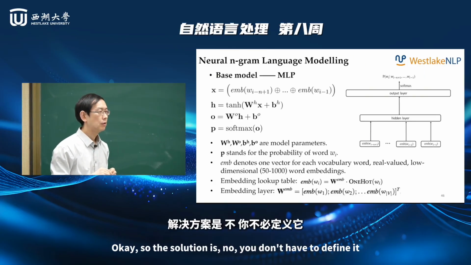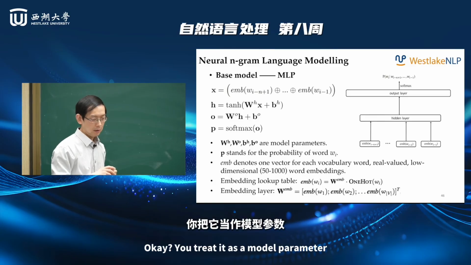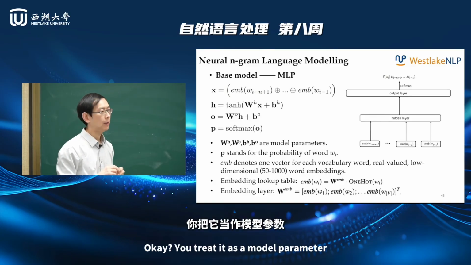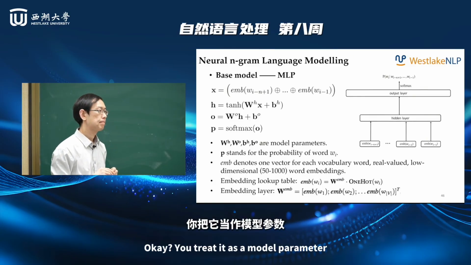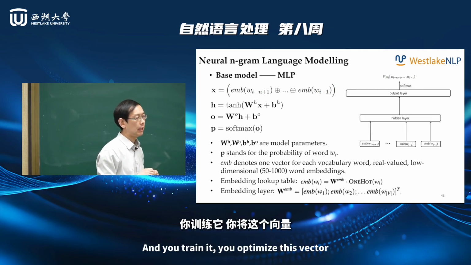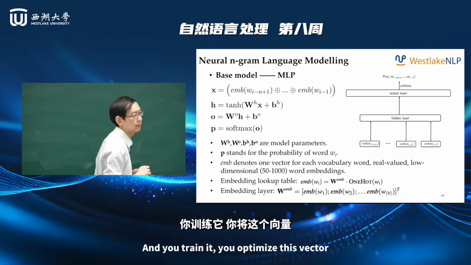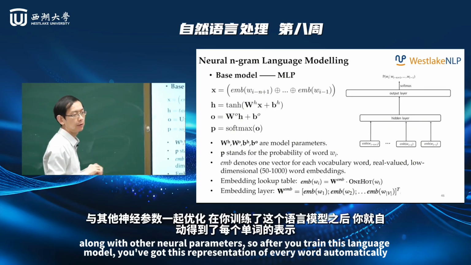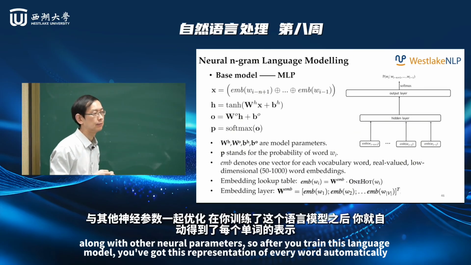The solution is, no, you don't have to define it. You treat it as a model parameter. It's just one small vector for every word, and you optimize this vector along with other neural parameters.